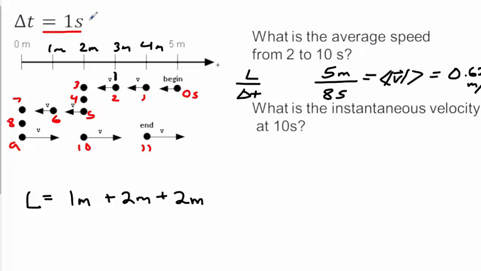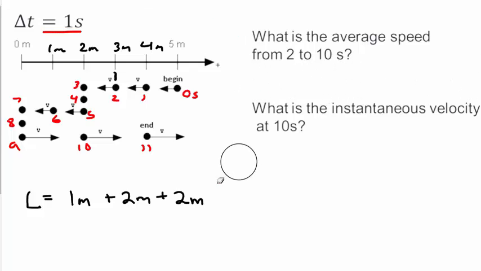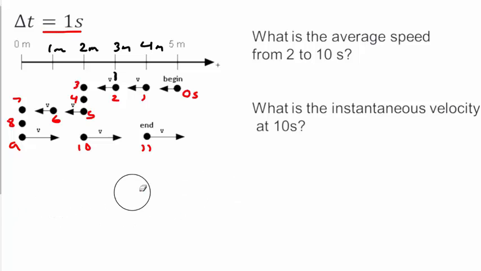For instantaneous velocity, I think this is kind of tricky. So let me erase some of this. For instantaneous velocity, we have to have kind of a realization of what it means for constant velocity motion. Okay, so here's our 10-second mark, and I essentially want to find out what the velocity is here.